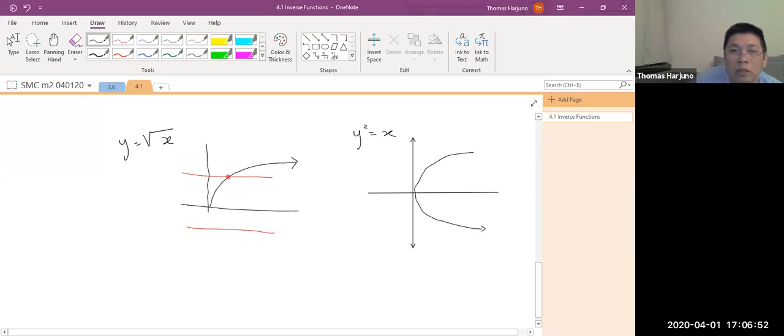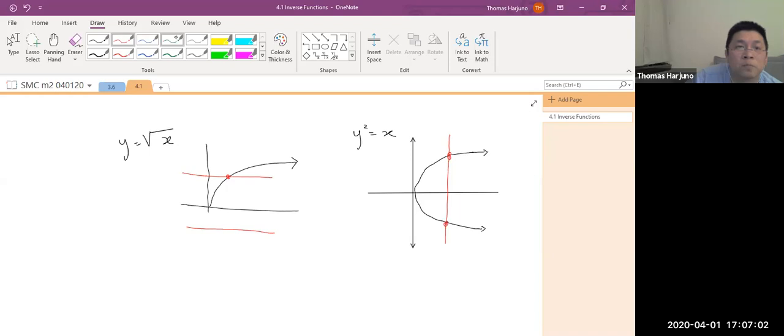Now notice that this is not a function because it does not satisfy the vertical line test, right? It's not a function, yet it is a one-to-one relation.